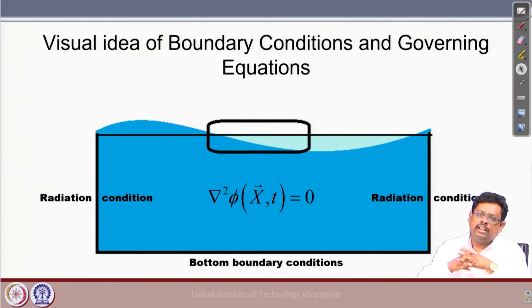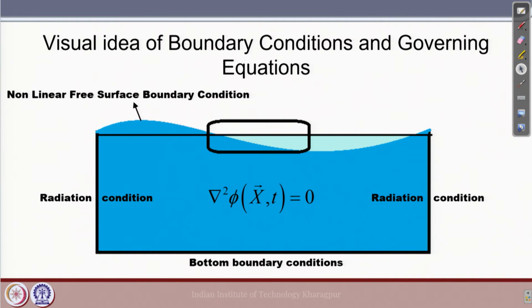We can assume the ocean in the horizontal direction is infinite, so we need to apply some condition at the far field, which we call a radiation condition. And then this we can call a non-linear free surface boundary condition.